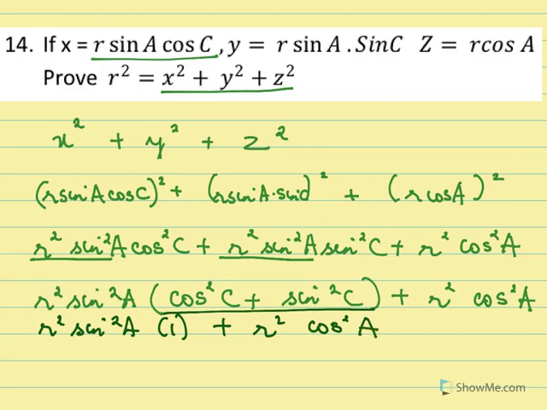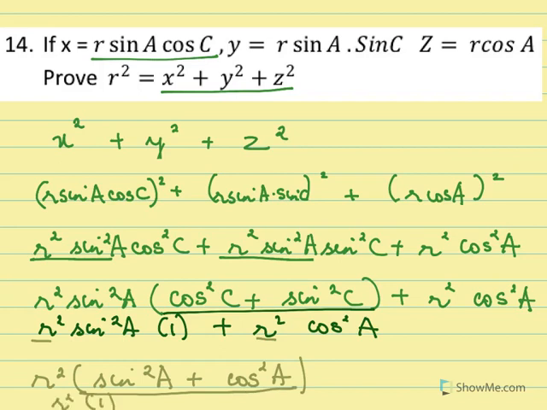Now for the next we will take r square common out. So what remains inside, sine square a plus cos square a. Now sine square plus cos square is 1, so that is r square into 1. So the answer is r square. So we have proved r square equal to x square plus y square plus z square.